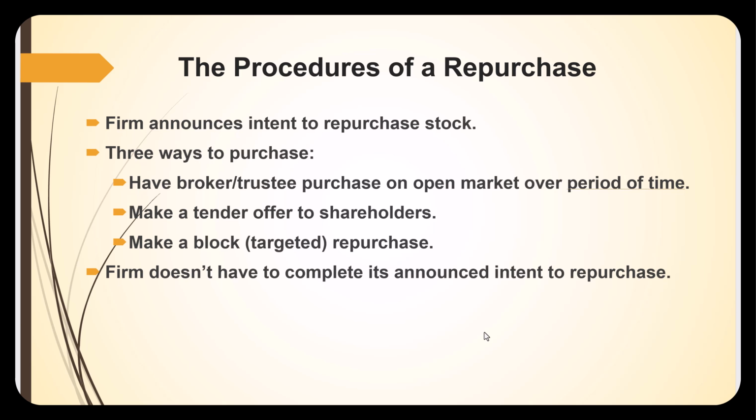Maybe we'll give them 20 cents more than the market value to get them to sell us back their stock. Or there could just be a block out there that we want; it's called a targeted repurchase. And I've got to tell you, I'm not sure of the exact process or procedure of identifying the block. But ultimately, we just need to find these shares.